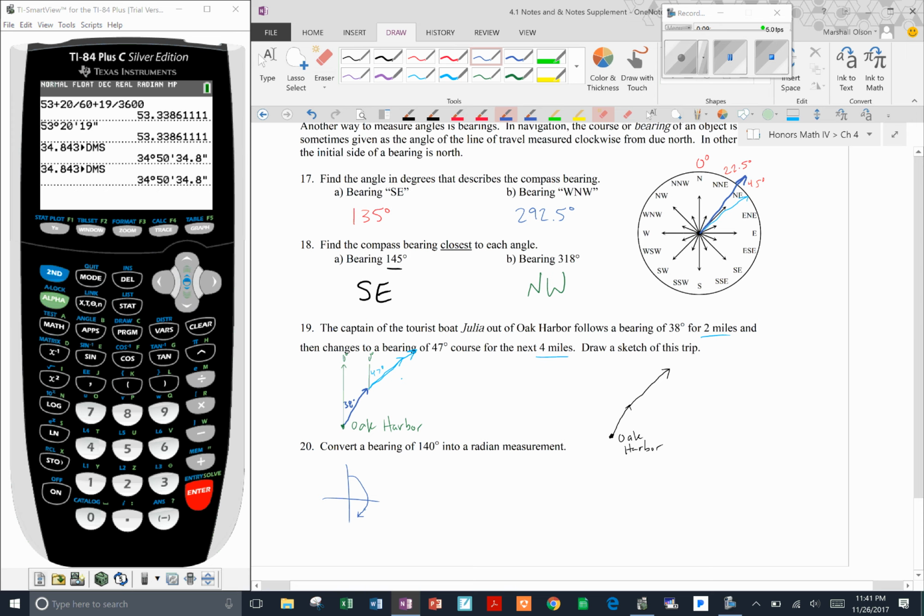Now the important thing is, let's remember about reference angles. Since I went past this first x-axis here by 50 degrees, my reference angle is 50 degrees. What we want to do is find out what this would be in standard form. In standard form, then, this is 310 degrees.